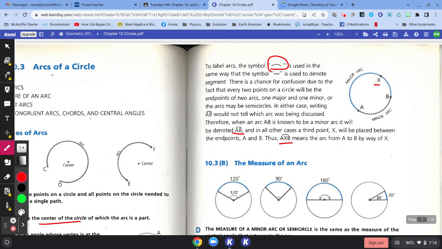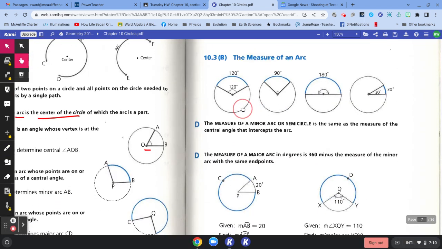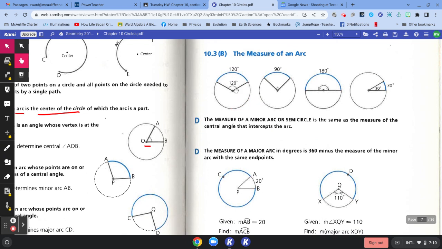Okay, other things to note about arcs. As I've mentioned, the measure of the central angle is going to match the measure of the arc. So if I've got a 120 degree arc, I've got a 120 degree central angle that is swept out by that arc.